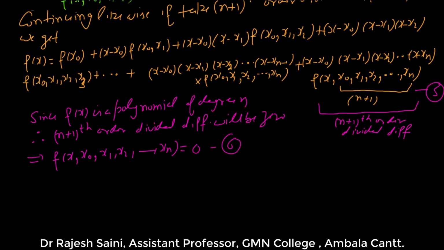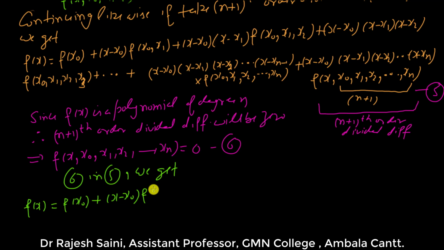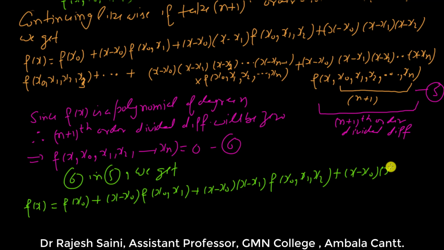So put 6 in 5, what will we get? I am going to use 6 in 5, we get f of x is equal to f of x naught plus x minus x naught, f of x naught, x1, plus x minus x naught, x minus x1, f of x naught, x1, x2, plus x minus x naught, x minus x1 into x minus x2, f of x naught, x1, x2, x3.